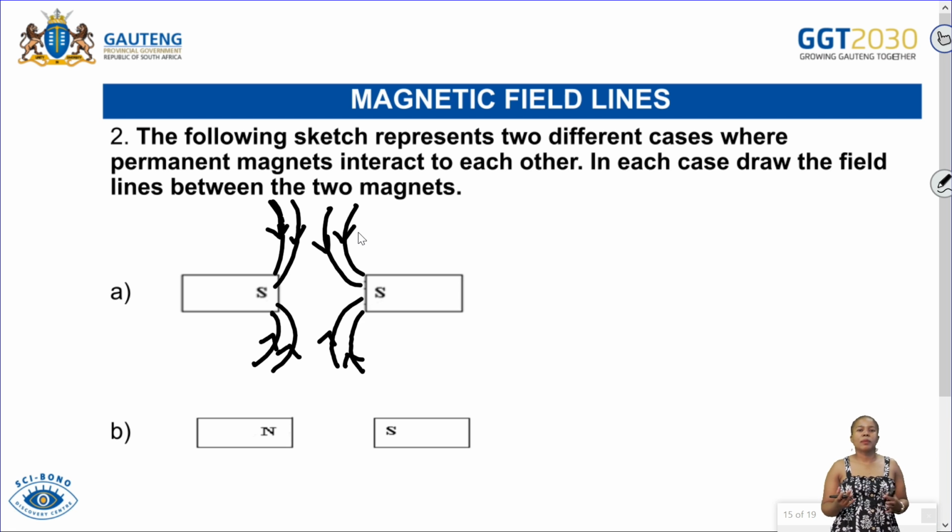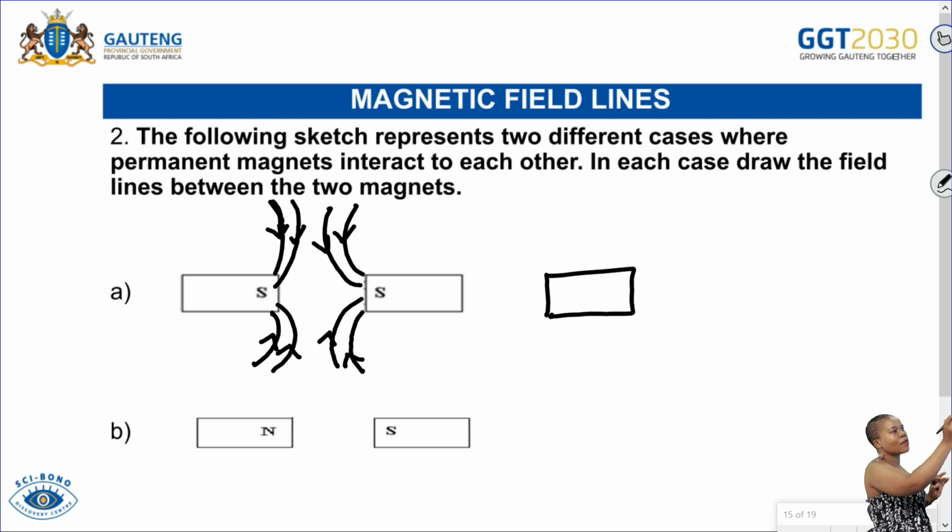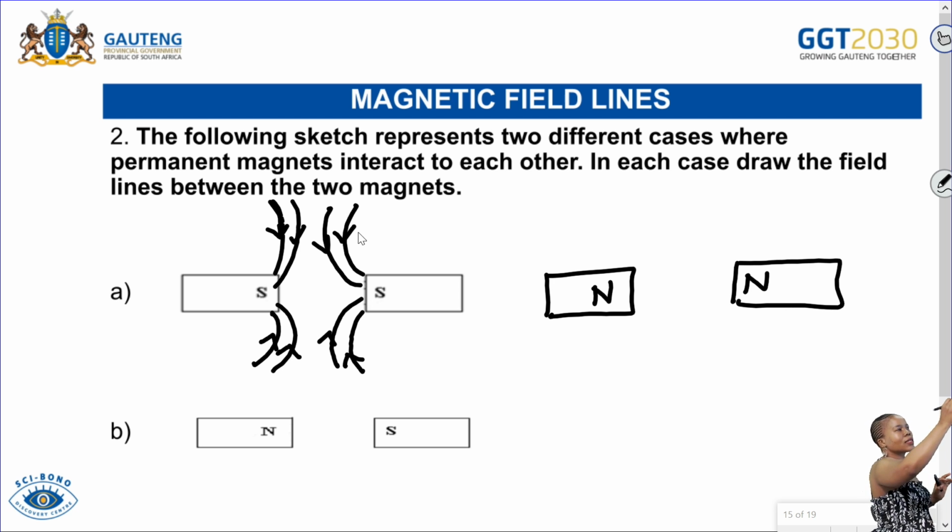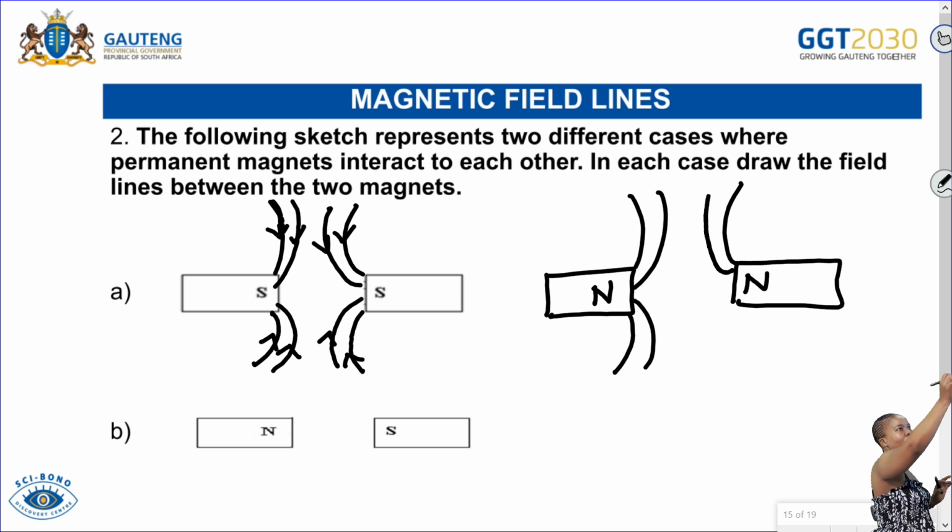In cases whereby these were north to north, also you need to pay attention to the direction. But in that case, this is how it would look like. So you will have your north, and then you'll have your north on the other side. So it's still a force of repulsion. However, the direction of the arrows then changes, because now you've got a north to north.